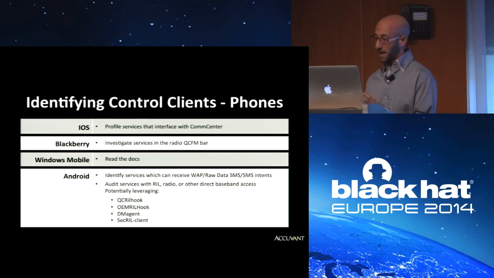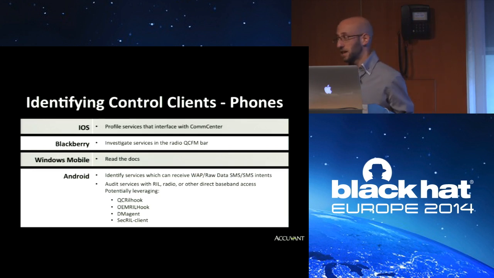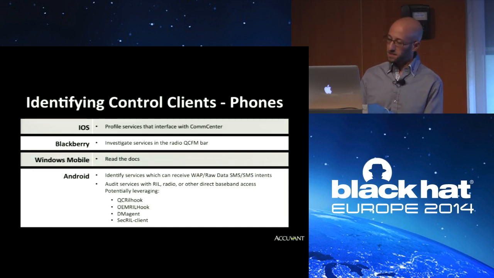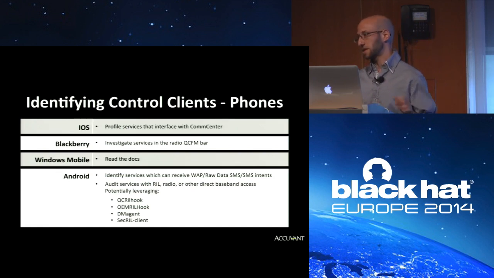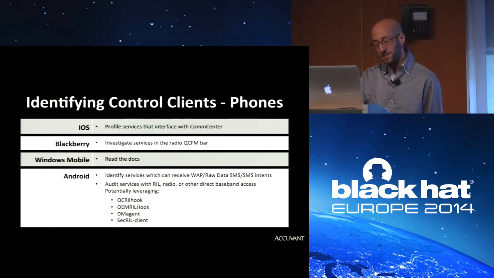Also, audit anything that's talking to the RIL. You have QC RIL hook, OEM RIL hook, DM agent for HTC fans out there, and SecRILClient. SecRILClient, some of y'all might remember from the CyanogenMod news a while back. Dude wasn't 100% wrong. Just his understanding of how it worked wasn't 100% either.